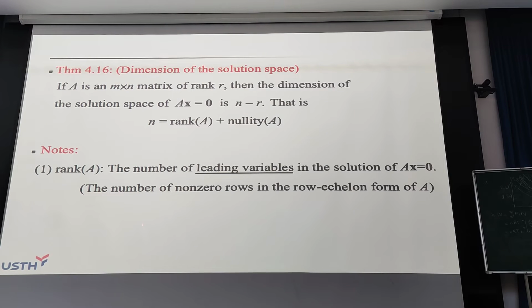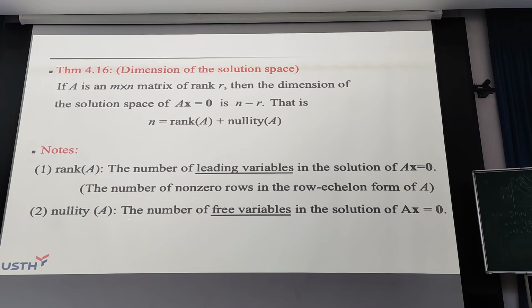The first one, the rank of A: that is the number of leading variables in the solution of Ax equals 0. Or it is exactly the number of non-zero rows in the row echelon form of A. And the nullity of A, that is the number of free variables in the solution of Ax equals 0.